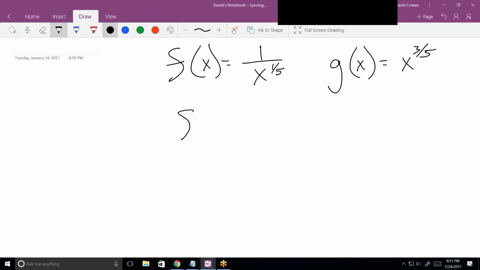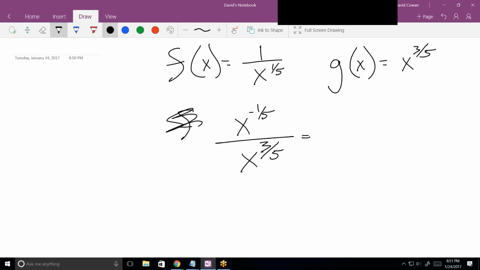Because f of x, I'm going to take it back to the negative 1/5. Actually, it ends up being easier if I do this. What's that equal to? That's x to the negative 4/5, or 1 over x to the 4/5.